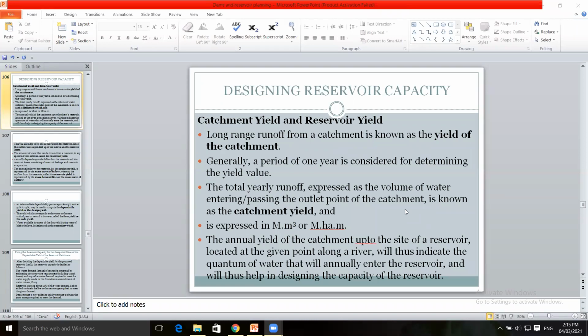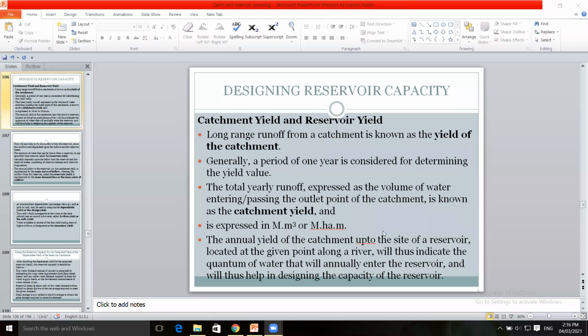So the quantity of water annually entering the reservoir is measured, and that will be helpful in designing the capacity of the reservoir. If we know the yield of the catchment, we can determine the water storage capacity of the reservoir. In this way, by knowing the yield of the catchment, the reservoir capacity is determined.